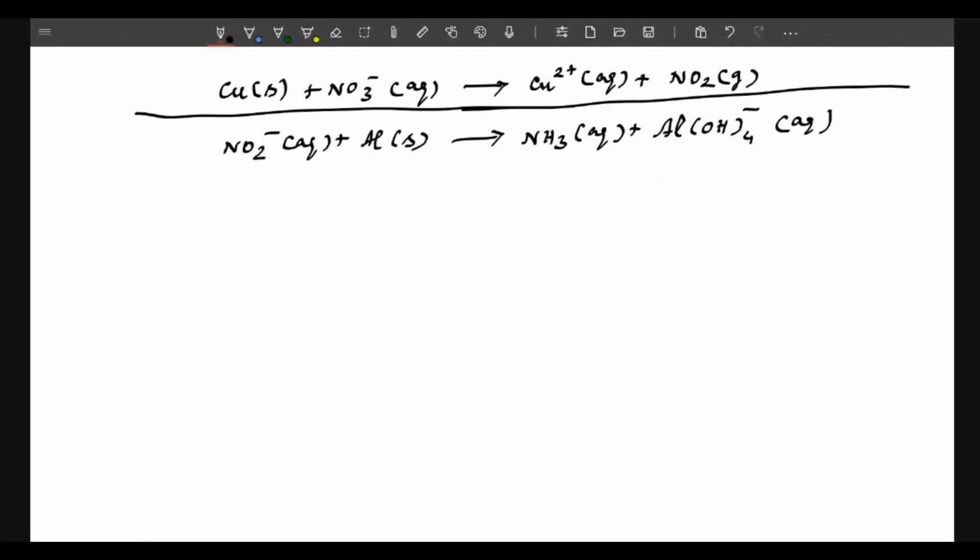How many OH groups are there in the balanced equation?